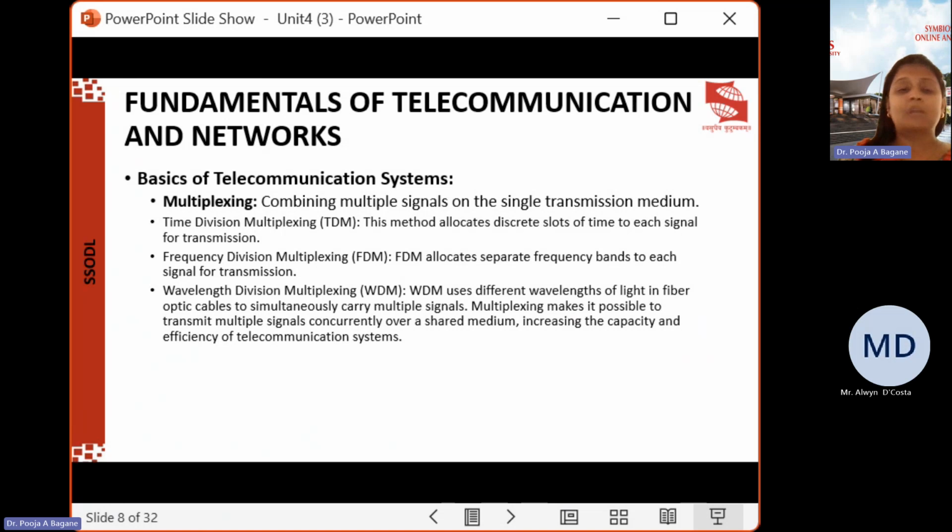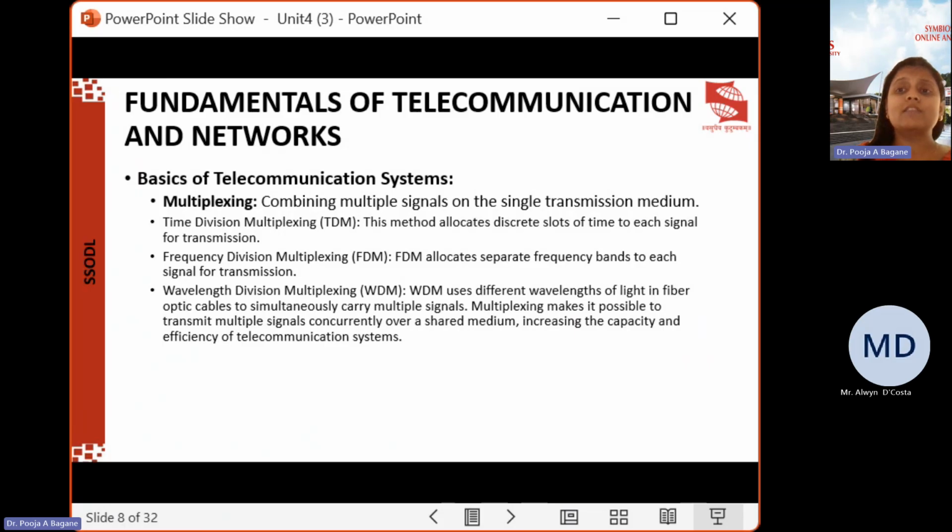Time division multiplexing allocates discrete slots of time to each signal for transmission. Then there is frequency division multiplexing, which allocates a separate frequency band to each signal for transmission.